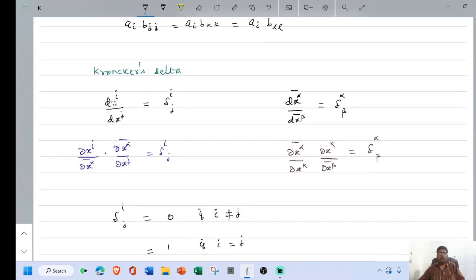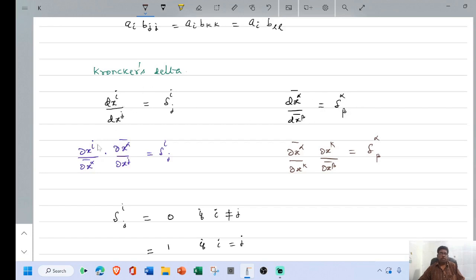Next one is Kronecker's delta. dx superscript i divided by dx superscript j is delta ij. dx bar superscript alpha divided by dx bar superscript beta is equal to delta alpha beta.